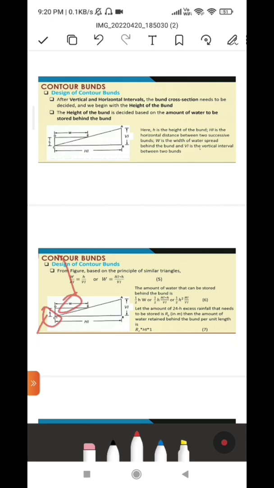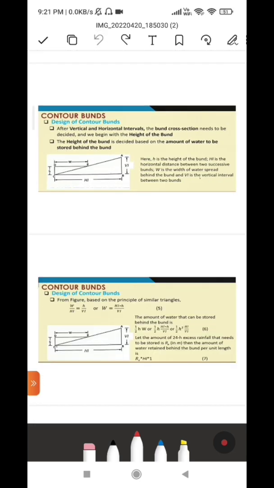And as we already found the value of w, we can put it into the formula, and we would get the amount of water stored behind the bund equal to half into h square into horizontal interval divided by vertical interval.